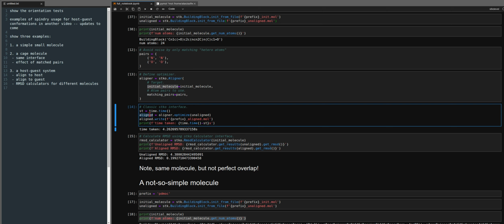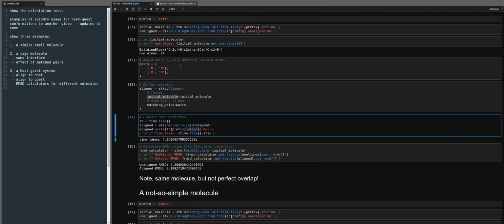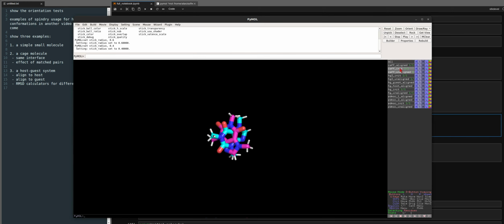And we get out an optimized or aligned molecule. We can then write that to align.mol, and you can see for a 24 atom molecule like caffeine, this takes about 4.5 seconds. So it's not that efficient. But when we visualize this, we see it does quite a good job.